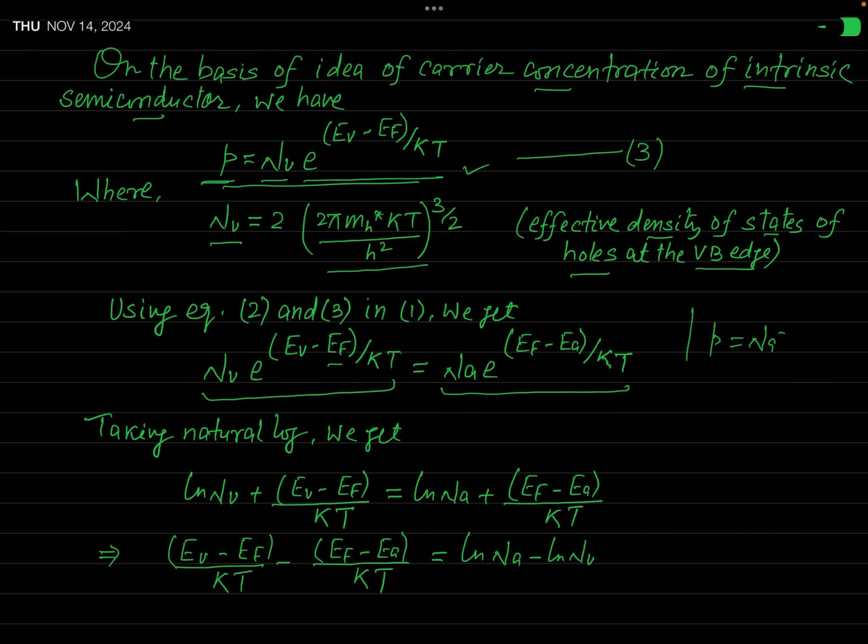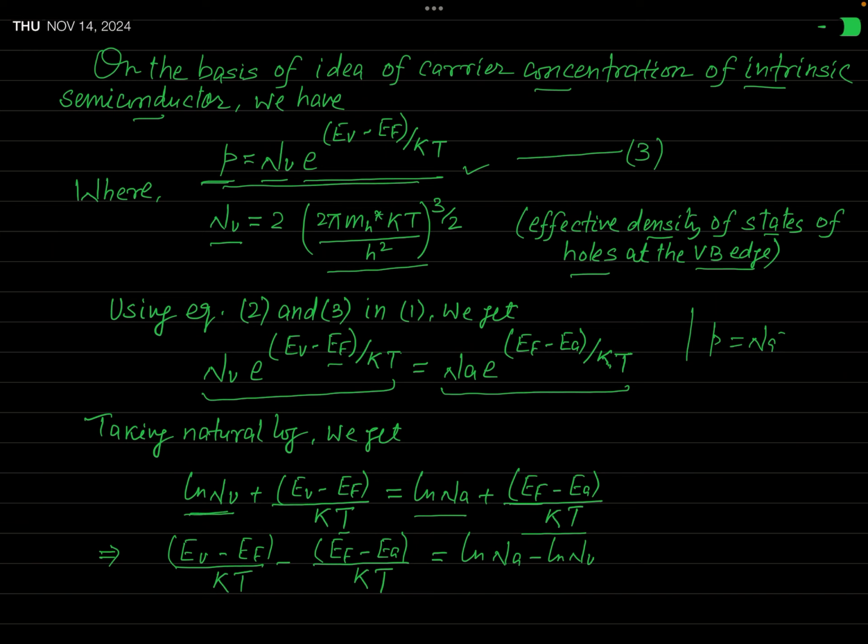So after taking the natural log, you can see we will get log NV plus EV minus EF over KT equal to log NA plus EF minus EA over KT. Okay. Now bring this last term in LHS and this first term in RHS.